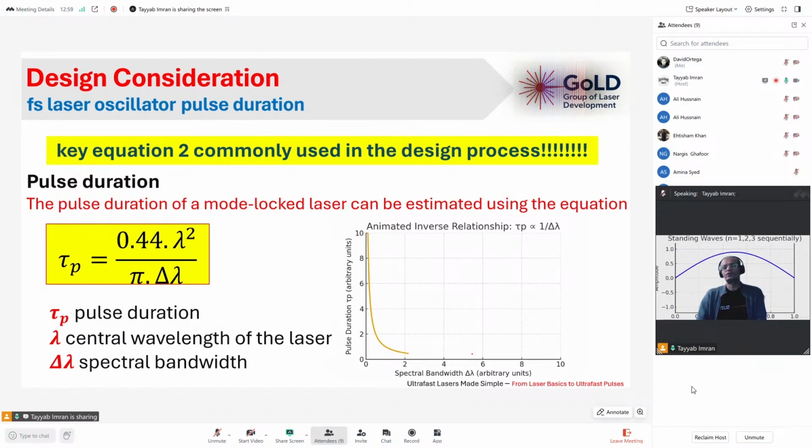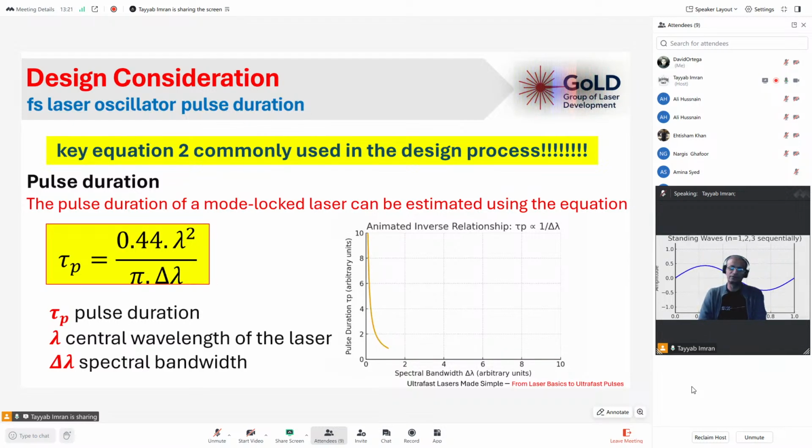Okay, so this equation now, equation 2 you can say as well, is linked with the pulse duration. The sequence I'm showing here, equation 1, equation 2, can be changed. It's not a hard rule.